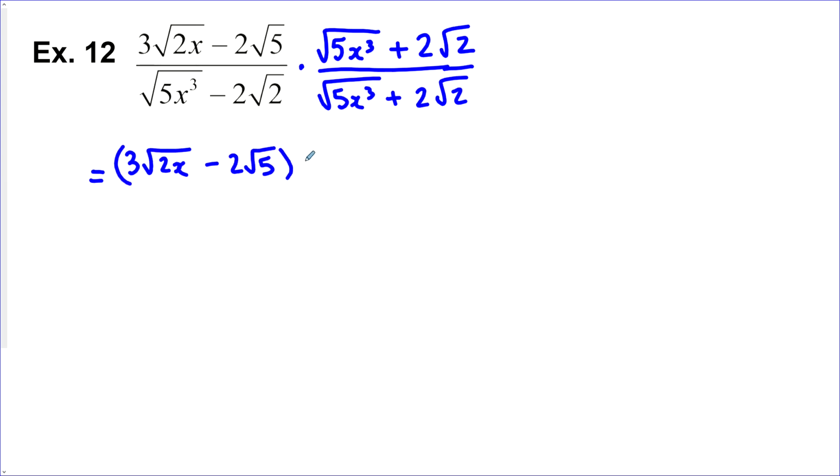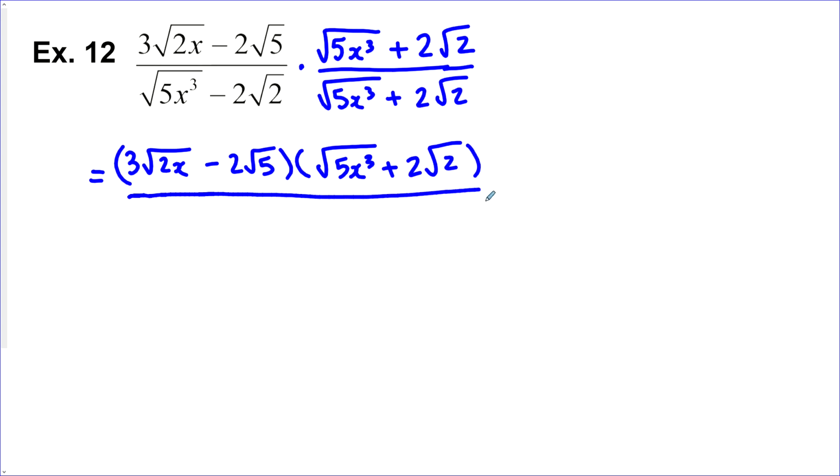In the last example, we did a lot of work multiplying it together. It didn't really get us anywhere. So we'll leave this one together. The denominator, 5x cubed minus, this one would be 2 times 2 is 4, times 2 is 8. Now we need the restrictions on the variables.